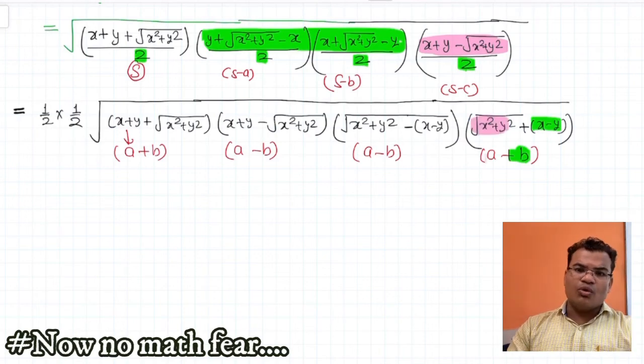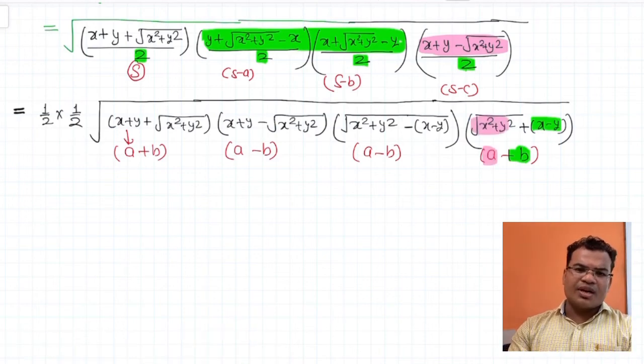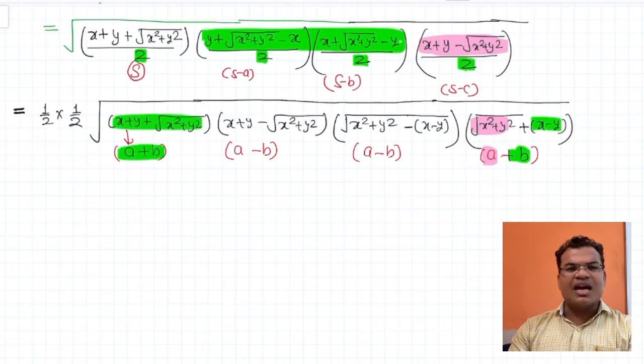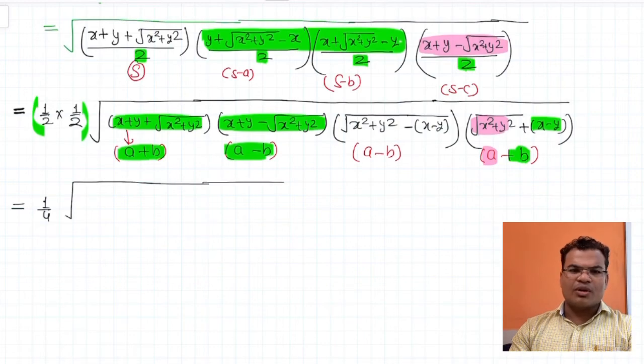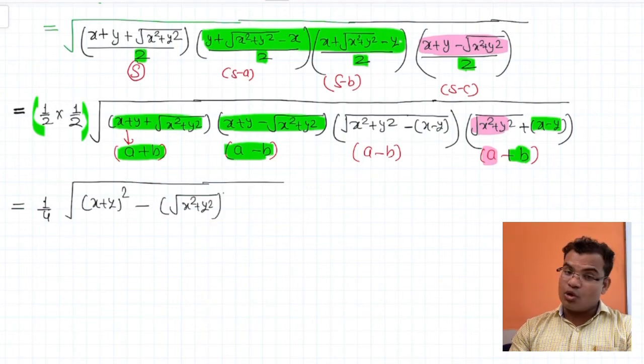If you know, a square minus b square is the identity behind this concept a plus b, a minus b, so you can put a square minus b square in the next step. So 1 by 2 will be 1 by 4. Under root sign will be as it is, and you will put a square minus b square in the first two brackets, that is x plus y whole square, minus under root x square plus y square whole square.